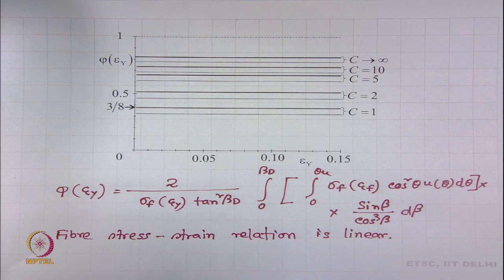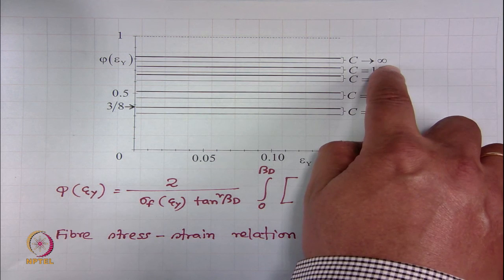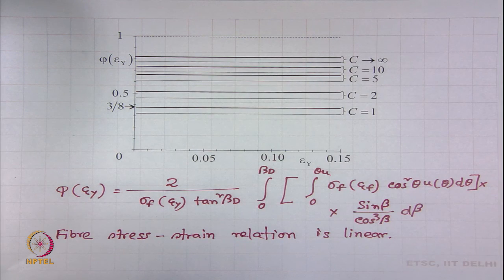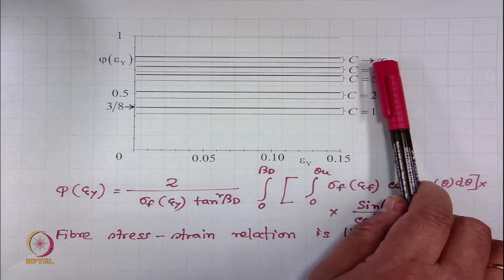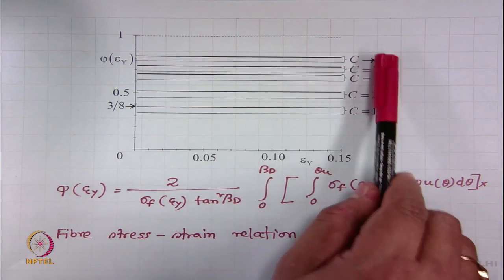In Gagob's theory, it is always C tends to infinity, right. Say for example, when C tends to infinity, then basically it comes Gagob's equation.